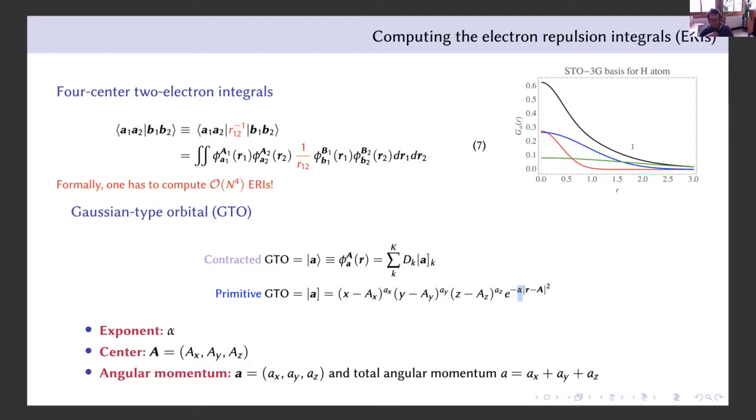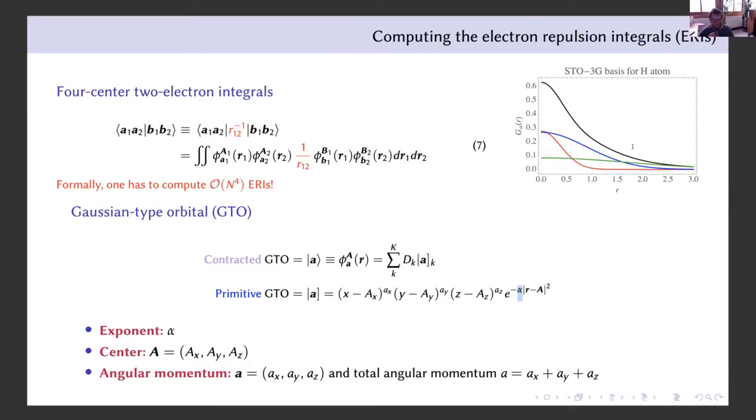Okay, so a primitive Gaussian function has basically three characteristics. The first one is the exponent, which we just talked about. The other one is the center. It can be centered at different places in the molecule, and most of the time it's centered on the nuclei.